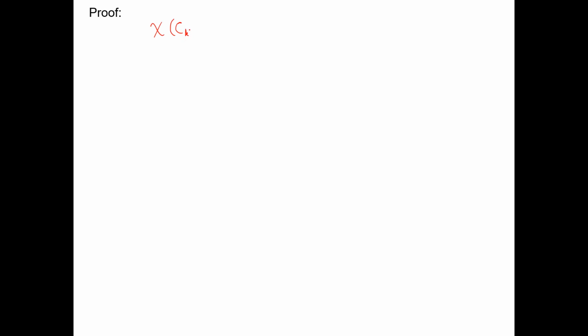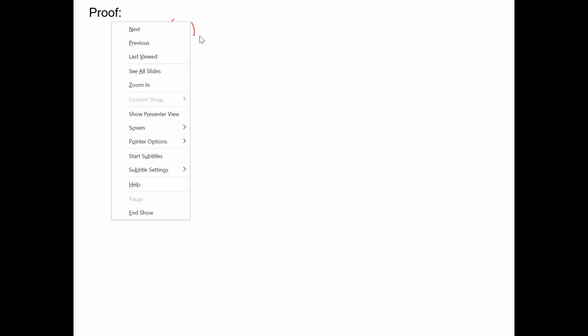Since the characters of all elements in a class are the same, instead of working with a character for a given group element, I can work with the character of a class.